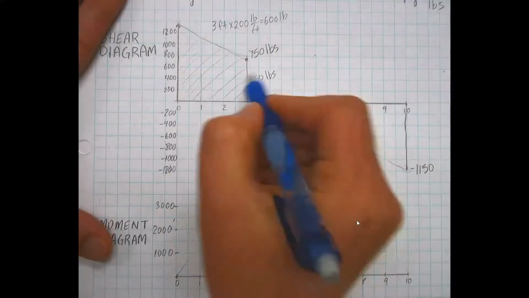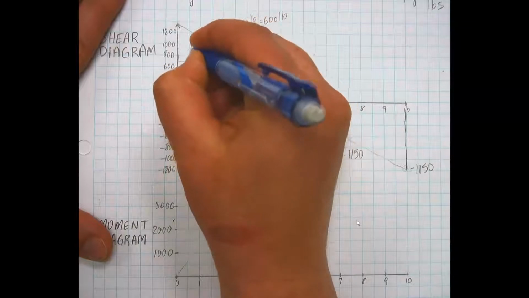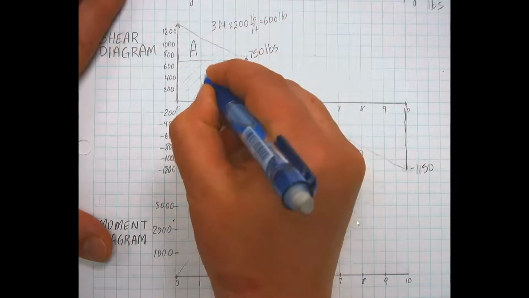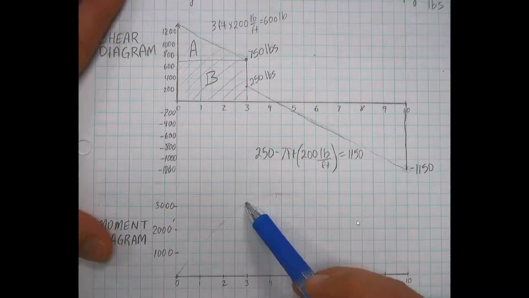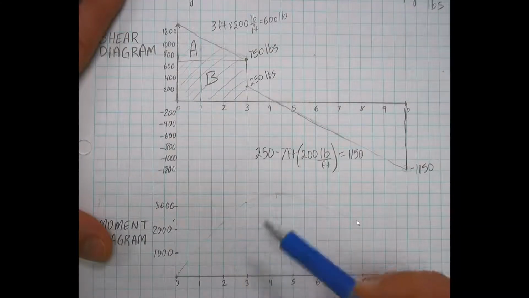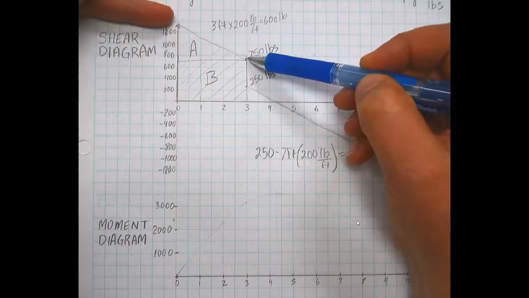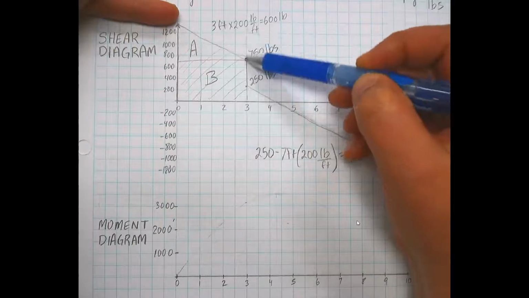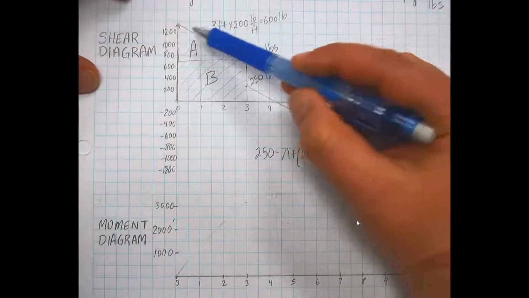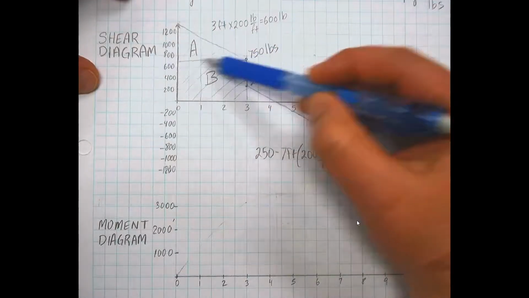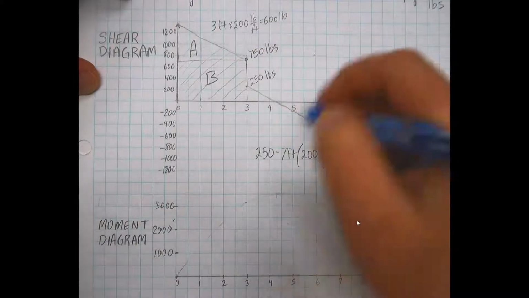So if we label this top part as area A, and we'll label this lower part as area B, let's solve for those, and that will tell us where that point is on the moment diagram.